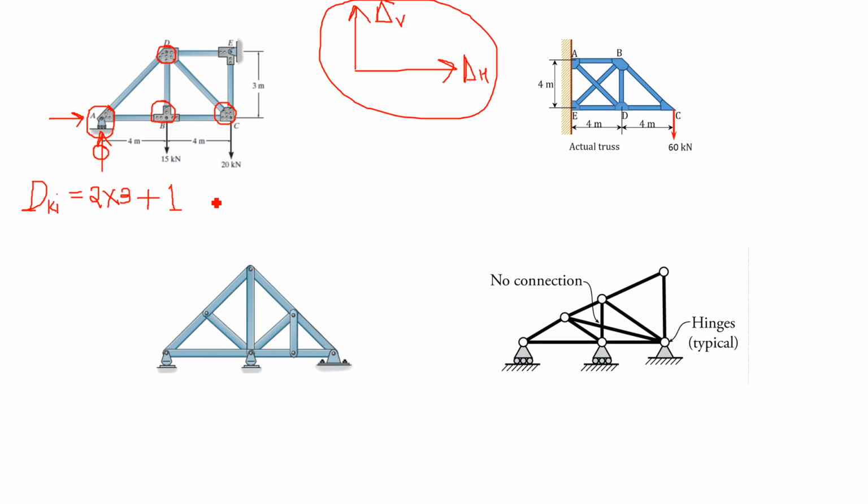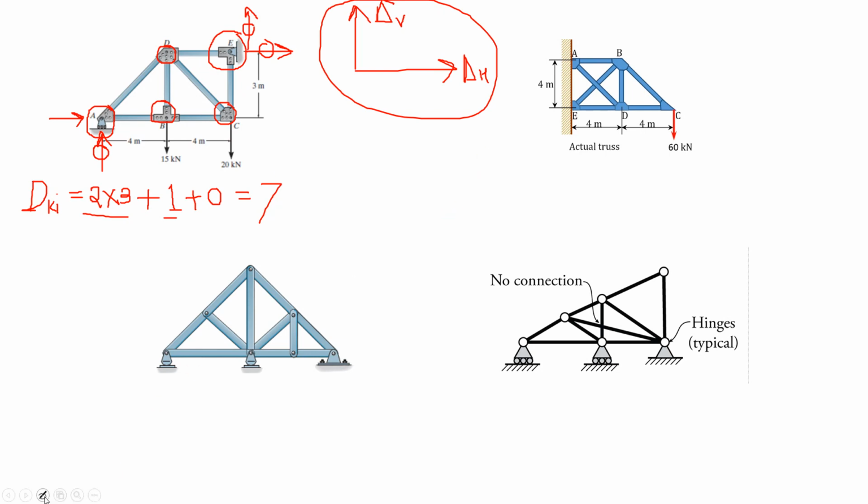Then if you look at the last joint, that is E, it is a hinge support. If it is a hinge support, there is no horizontal displacement, no vertical displacement, so both displacements are 0 here. So nothing is added for joint E. So total kinematic unknowns become 7. 2 into 3 is 6 plus 1 is 7. So in this truss there are 7 joint displacements or kinematic unknowns.